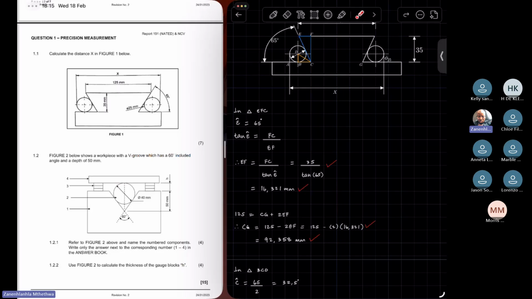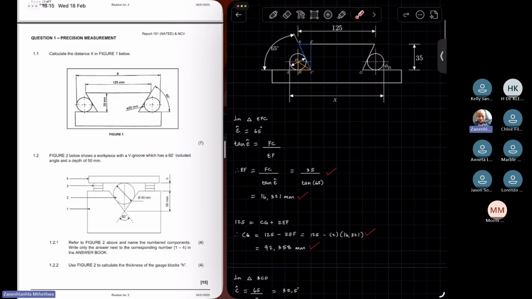Because the side I have is opposite the angle and the side I'm looking for is adjacent to the angle, that is why I use tan. So tan E is equal to opposite, so the opposite side is FC, divided by the adjacent side, and this EF is the adjacent side.